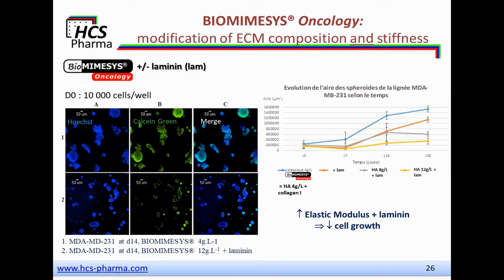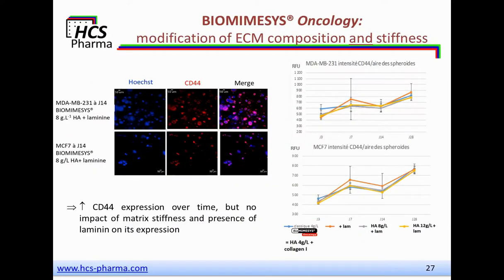And here you have again an impact of the elastic modulus, but importantly, in the presence of laminin, we were in fact decreasing the cell growth, contrary to what we have observed before. Just the presence of laminin had a negative impact on the growth of the spheroids over time. So this is quite interesting, and again, in line with what has already been seen in other studies.